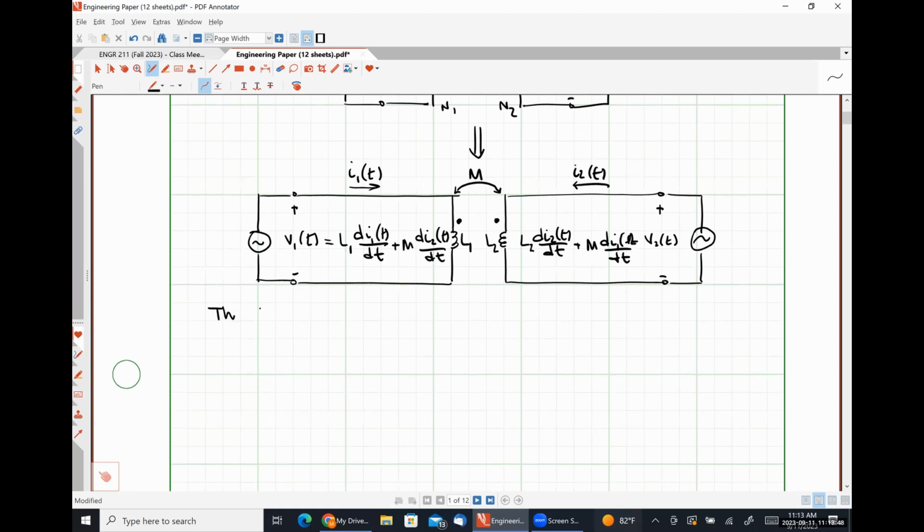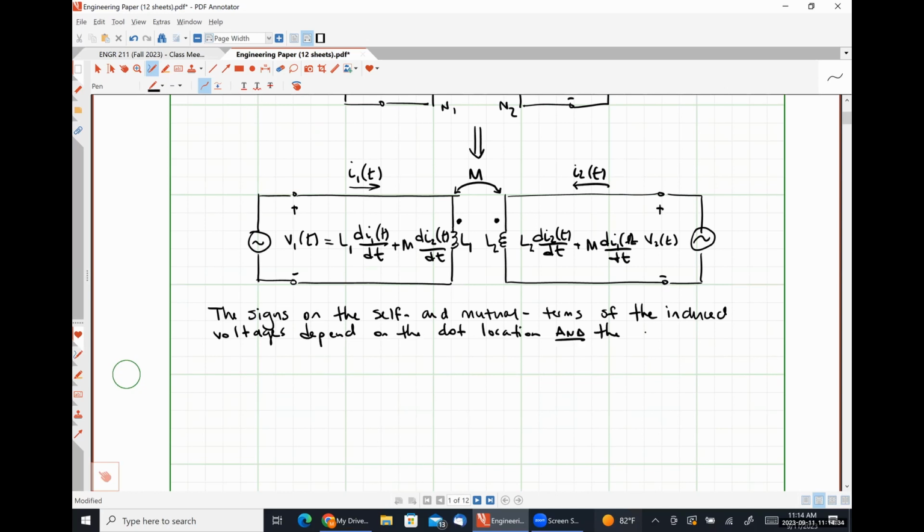The signs of the self and mutual terms of the induced voltages depend on the direction of current flow.